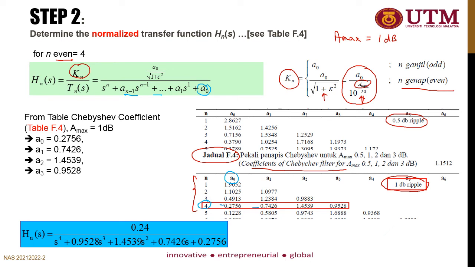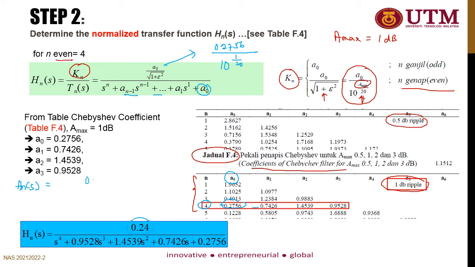So in this case, your Hn is equal to Kn over the polynomial. You should calculate your Kn value. In this case, your A0 equal to 0.2756. So 0.2756 divided by 10 to the power of Mx over 20, where Mx is 1, you should get 0.24.